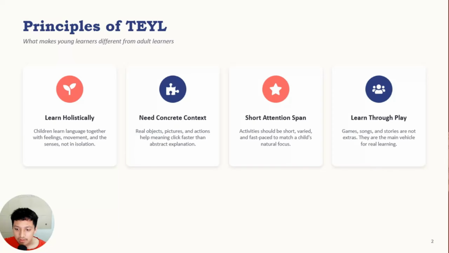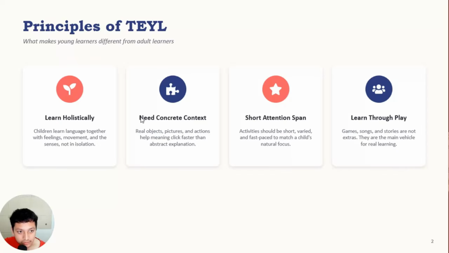Learn holistically is children don't just learn language in their brain. They learn it with their whole body and feelings, like TPR. So when we teach, we should involve movement, emotion, and the senses, not just talk.